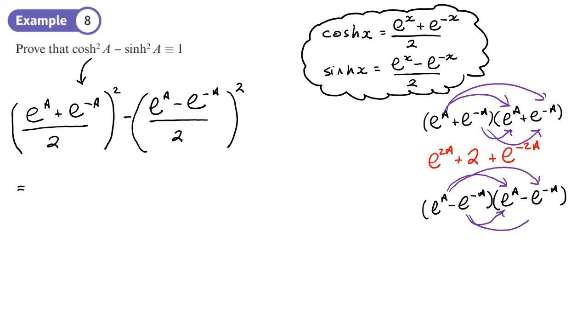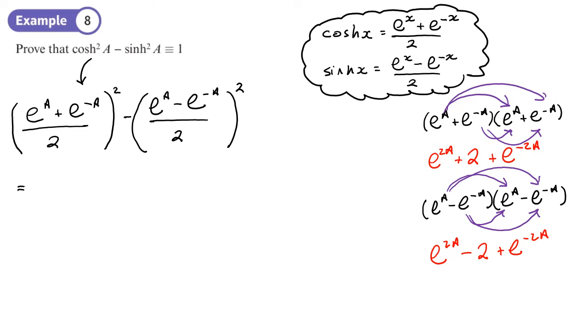Now, the terms are going to be the same. It's just the signs that are going to be different. So e to the a times e to the a, e to the 2a. Then we're going to have minus 1 minus another 1, so minus 2, and then plus e to the negative 2a. So you can see the only difference is one has plus 2, one has minus 2.